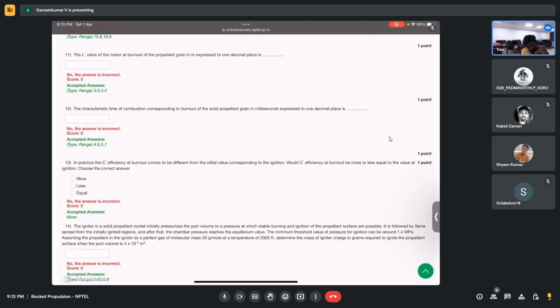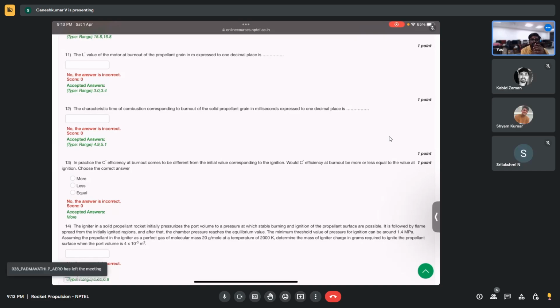Would C star efficiency at the burnout be more or less equal to the value at the ignition? Choose the correct answer. So, the C star from ignition to burnout.